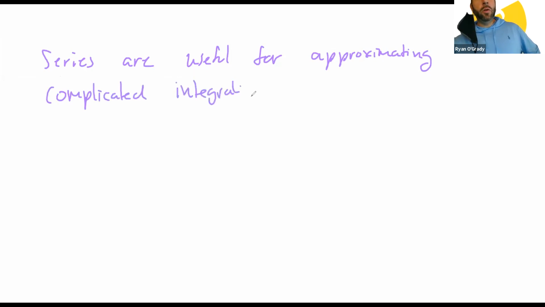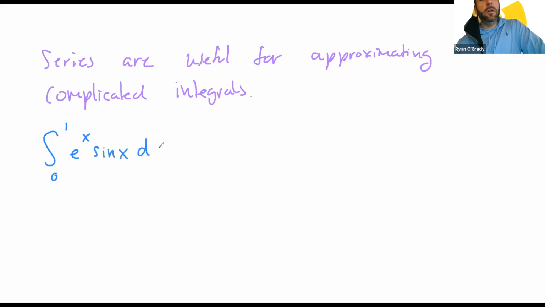So I'm not going to do the one on the homework, but we'll do a similar one. Let's say we wanted to integrate from 0 to 1 of e to the x sine of x dx.